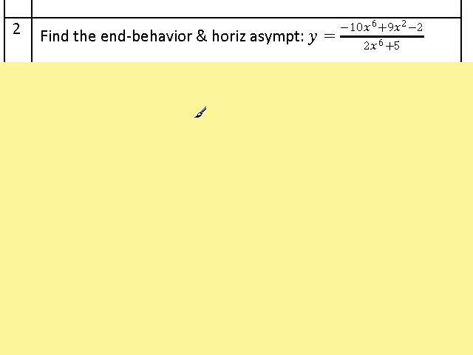Number 2, again, we're looking at the end behavior, so we're going to take highest order term divided by highest order term, and we'll say as x goes to infinity, that's on the right, minus 10x to the 6 over 2x to the 6. Okay, if we reduce this, we get minus 5. So we'll just say that y tends to minus 5.